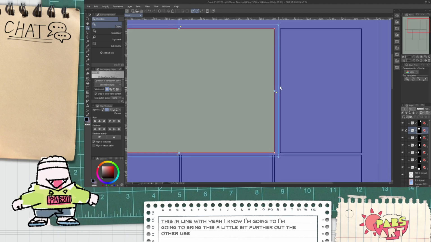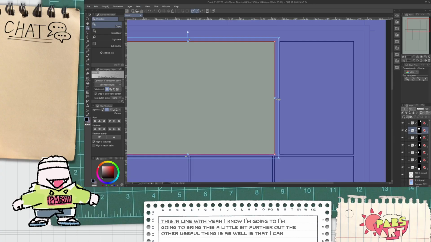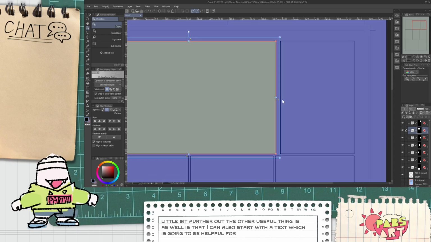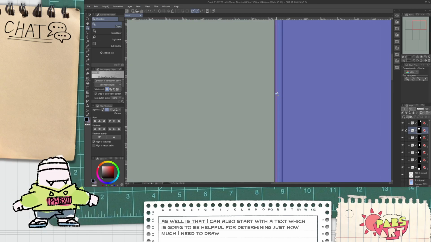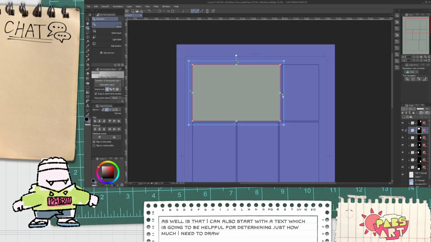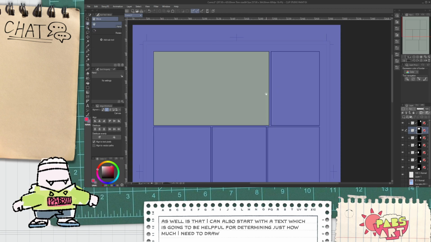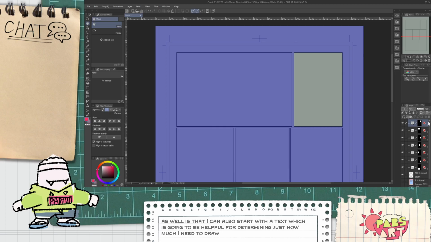The other useful thing is that I can also start with the text, which is going to be helpful for determining just how much I need to draw. Okay.